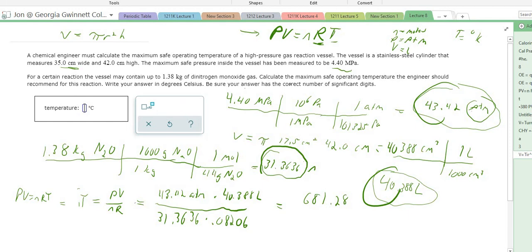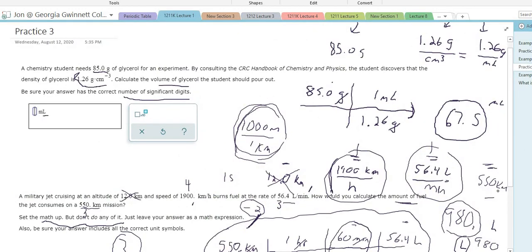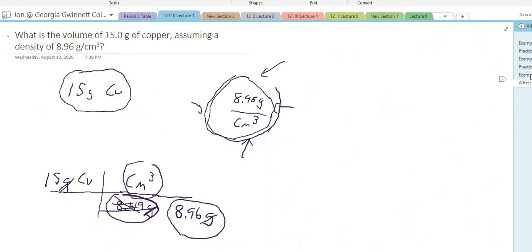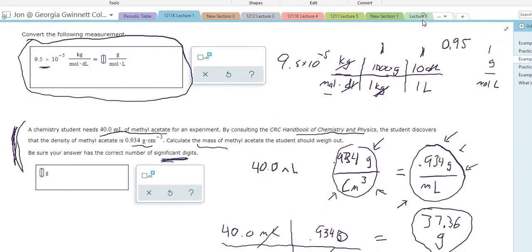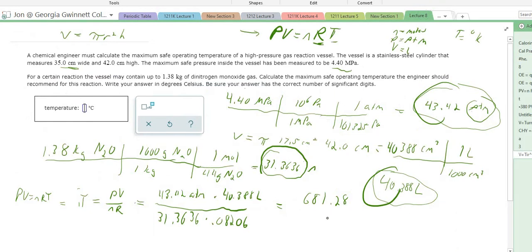Now for sig figs. I've been doing multiplication and division, so I know that I have 3 sig figs to worry about. Remember, this is in degrees Kelvin, and I'm being asked for degrees Celsius.